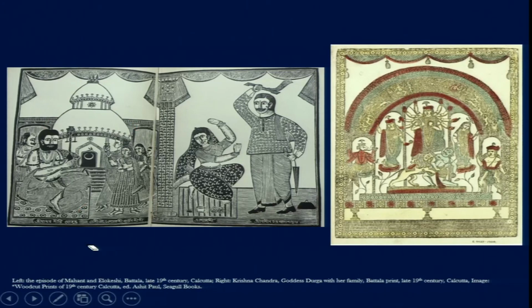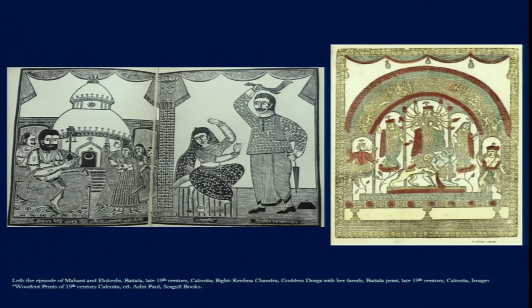And then we also see how the curtain is shown here, a feature that I have already mentioned, the suggestion towards the theatrical practices in northern Calcutta, that was also shown here.